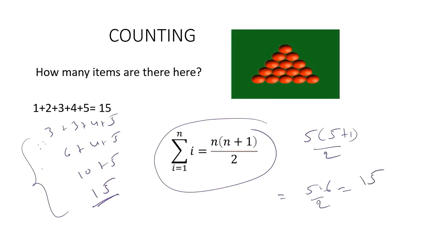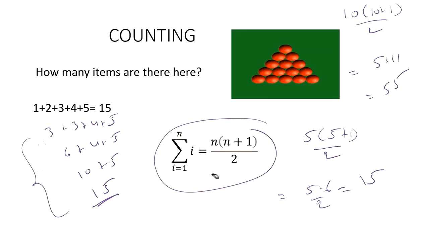Instead of doing this labor work, we can use this formula to count the number of balls. If there are 10 such rows, then the answer is 10 times 10 plus 1 upon 2, which is equal to 5 times 11, which is equal to 55. So with the help of this formula, we can reduce our efforts.